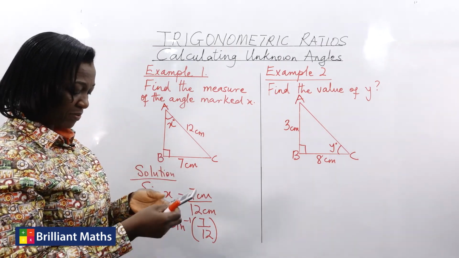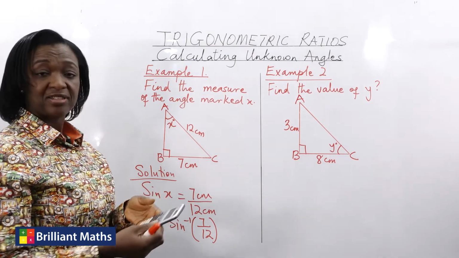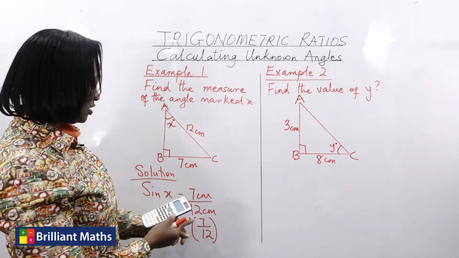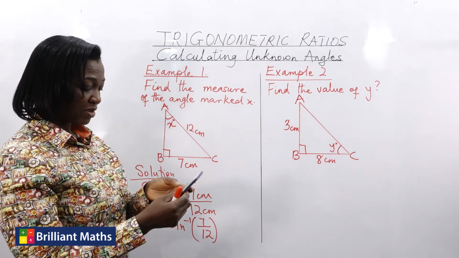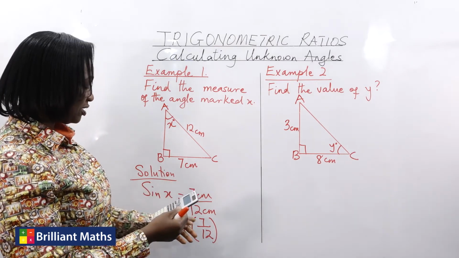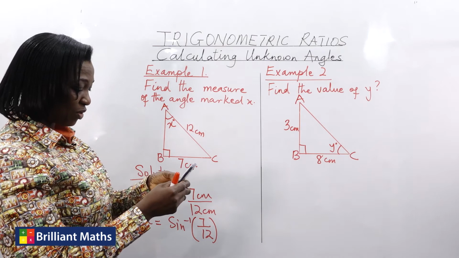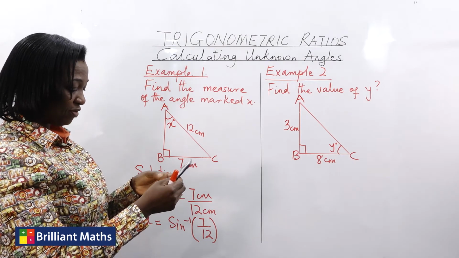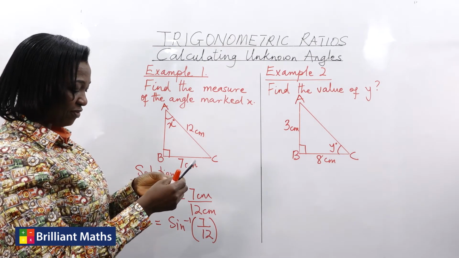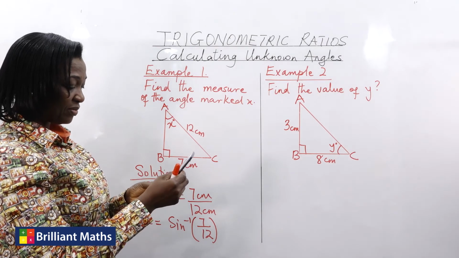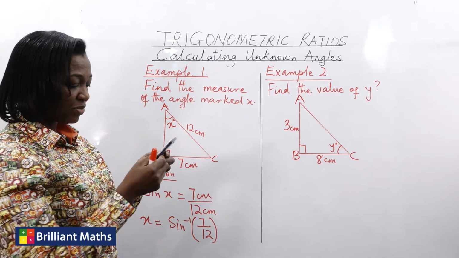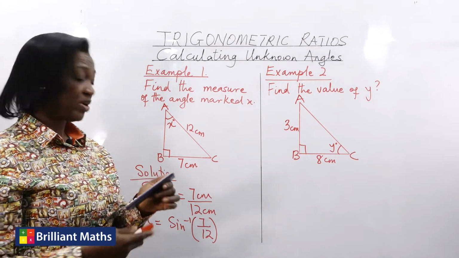So shift sine inverse. Then 7 over 12 is a fraction. So we input the values 7 over 12. And we have 35.69 degrees.